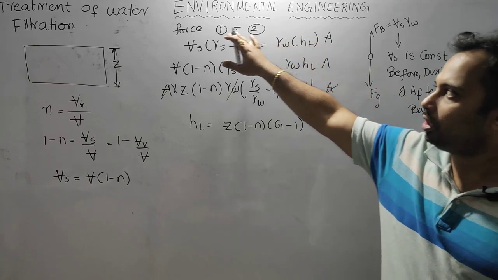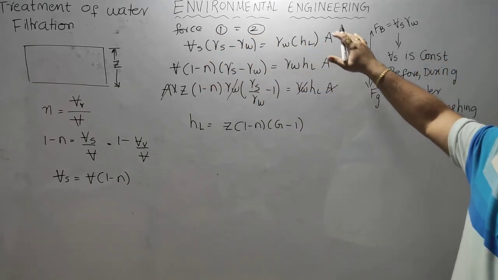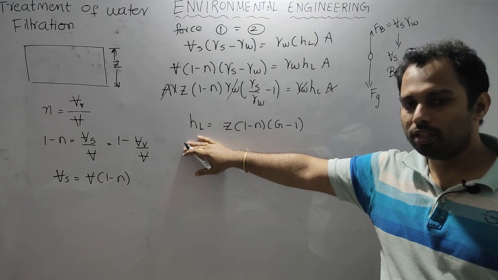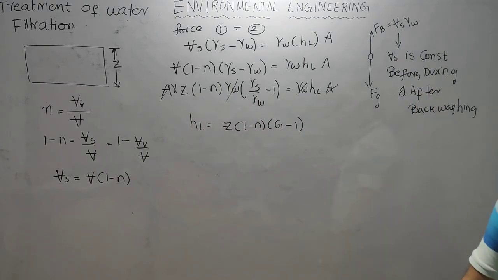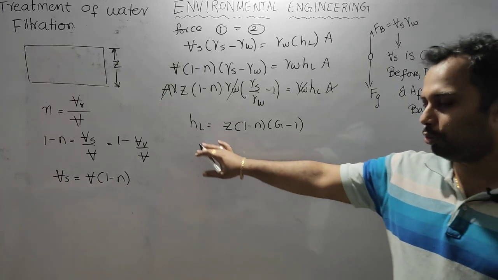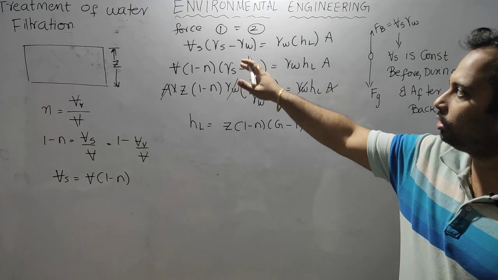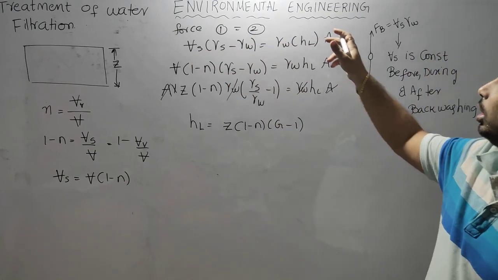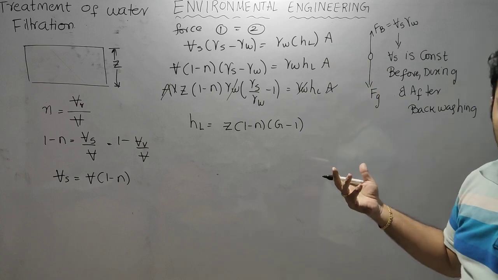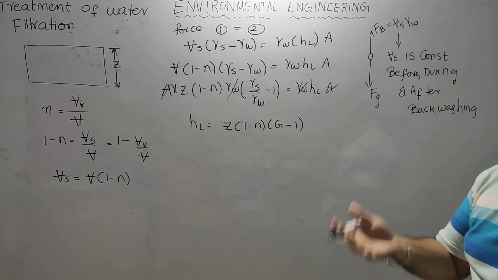That means if you see this term, the whole term is constant. That means HL is also constant. The head loss, even when the bed is expanded, should be constant. Because Vs is constant, gamma S is constant, gamma W is constant, and the area of the filter is constant. We cannot increase the area of the filter during the backwashing.